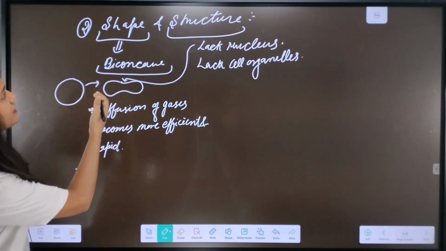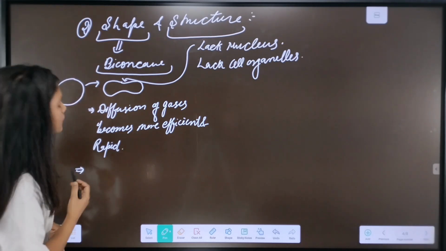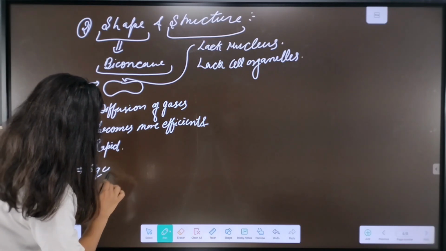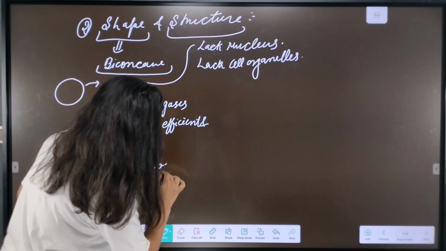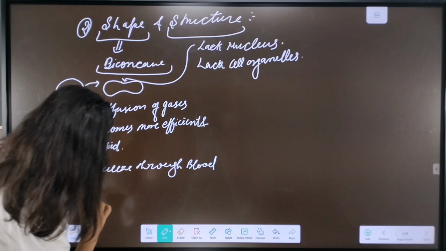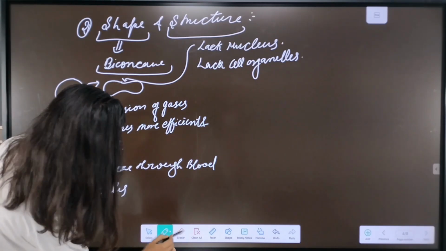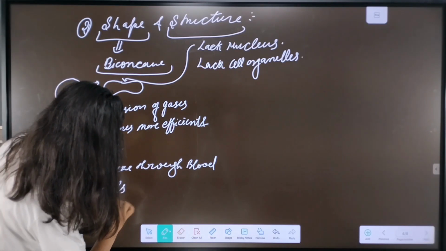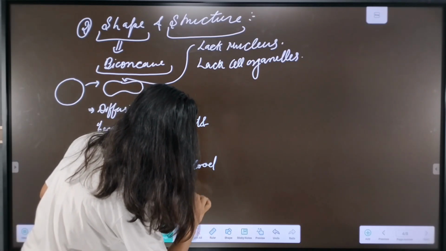So second, what is the advantage of the biconcave shape? They can easily squeeze through blood vessels because of this shape.